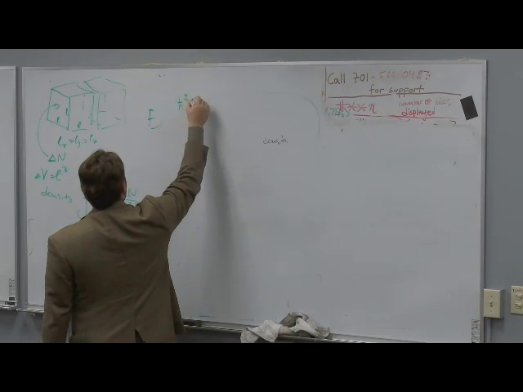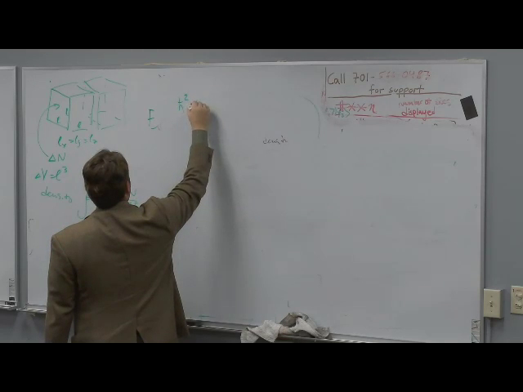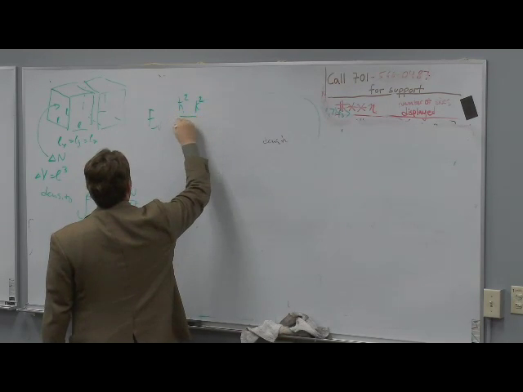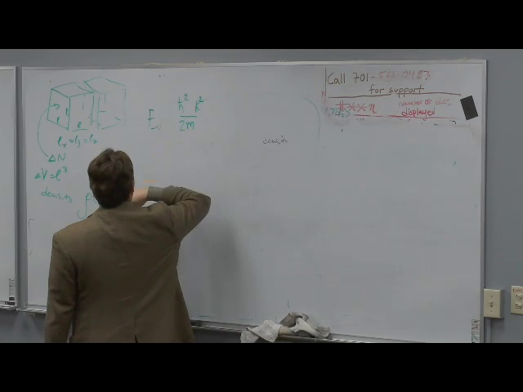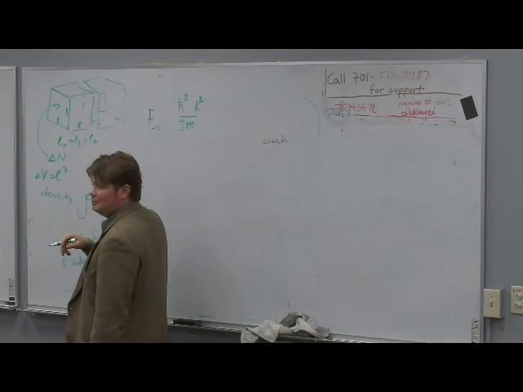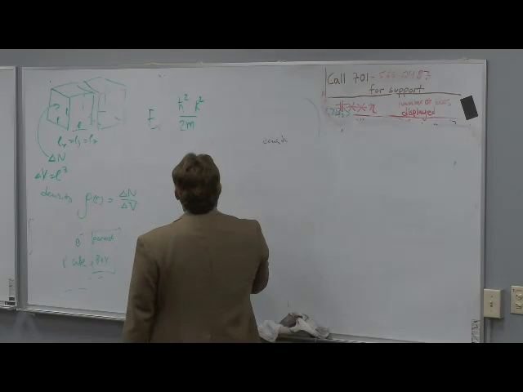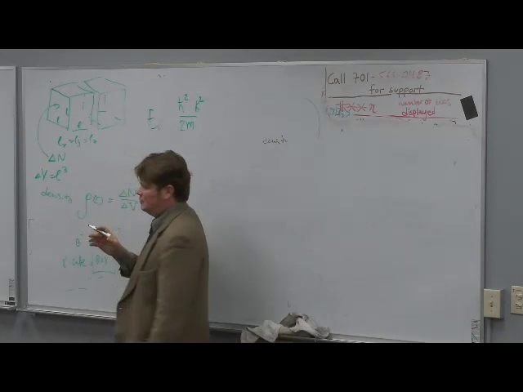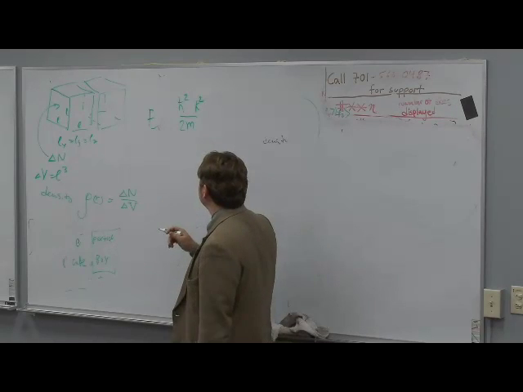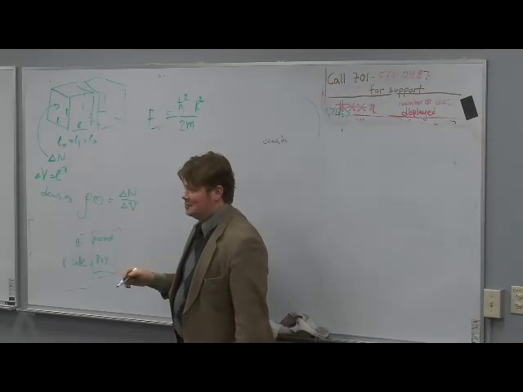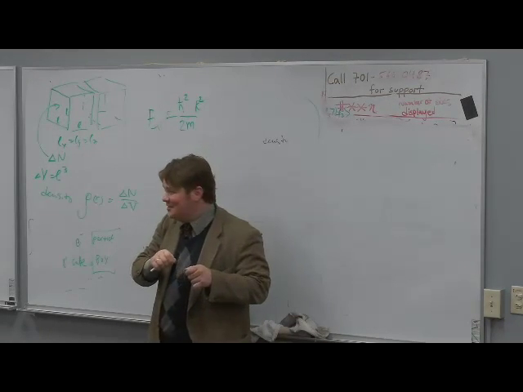H bar squared, n squared, k squared, over 2m. That's it? N squared over L cubed, that's not L. Well, let's be careful. I can make little errors, but then I can tweak the video and skip.